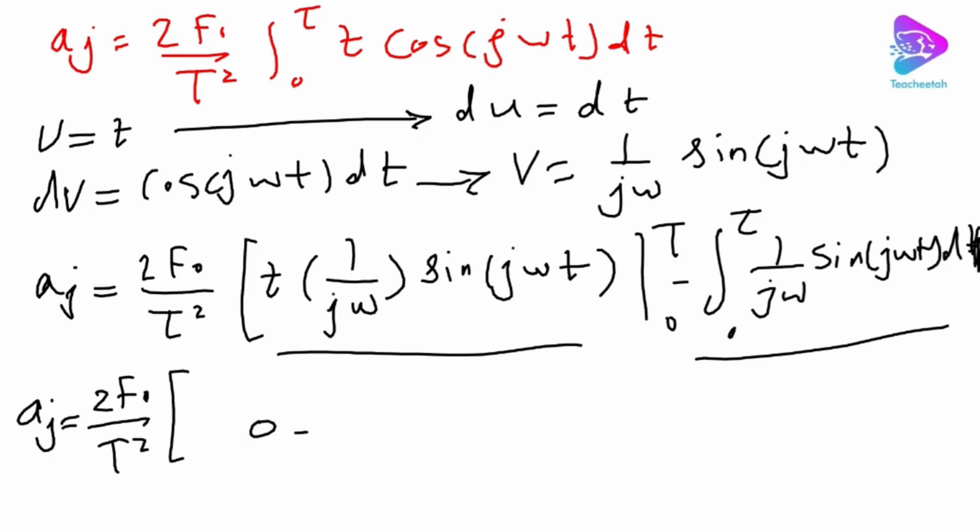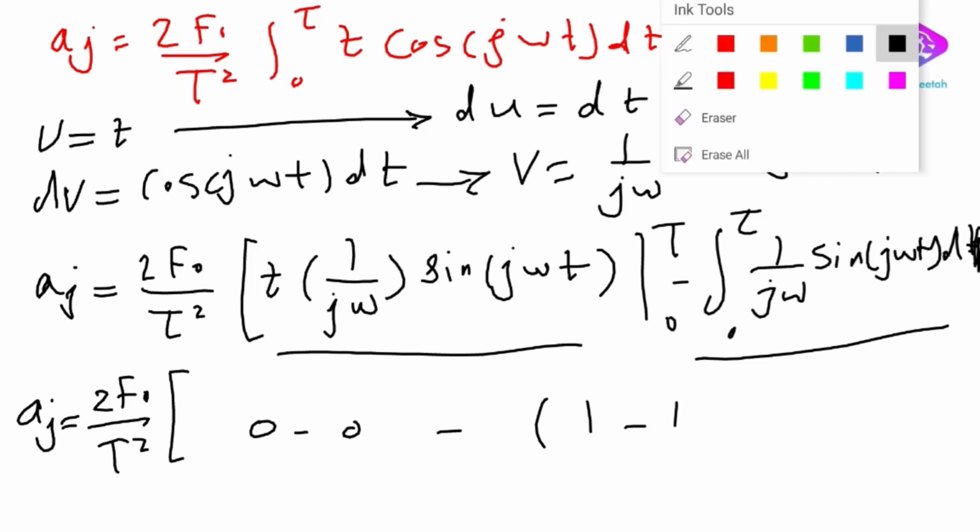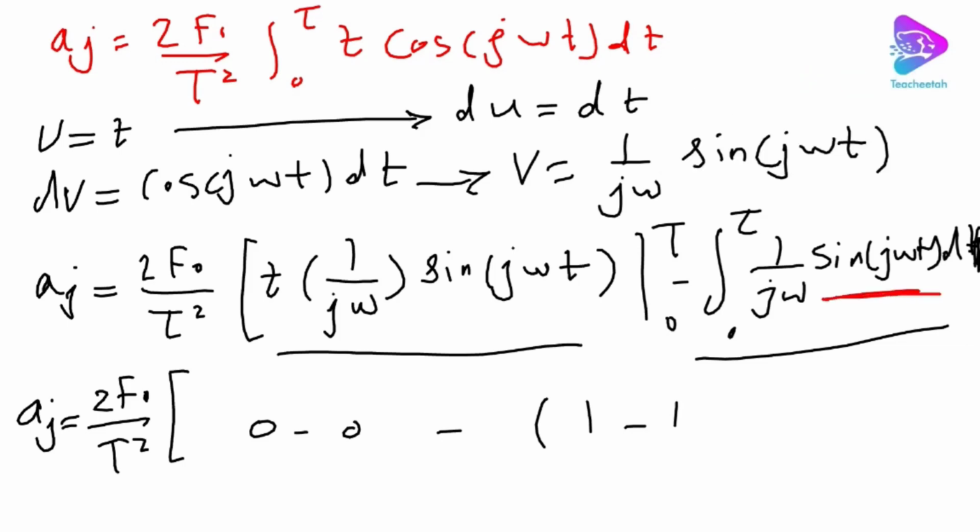We get 0 minus 0, and then for this part we have minus 1 minus 1, right? This part is pretty easy because we only have a sine inside the dt. So we get aj equal to 0 simply. So we found aj equal to 0.